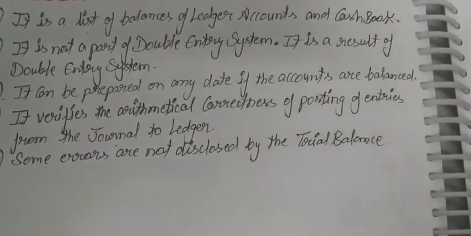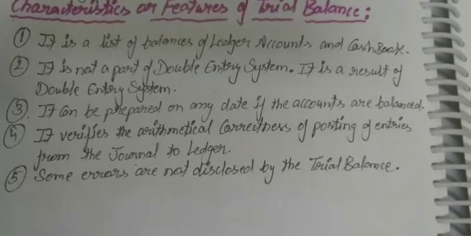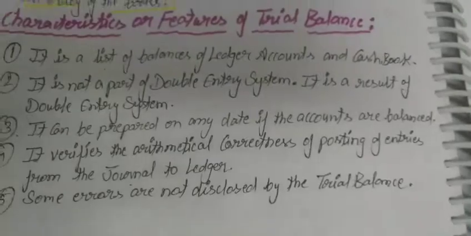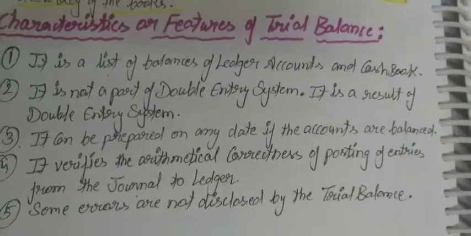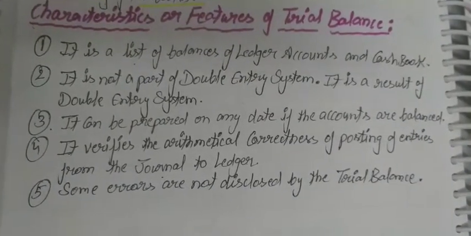Some errors can be confirmed with the help of the trial balance, for example, errors of principle and compensating errors, and so on. These are the types of errors that are not disclosed in the trial balance.